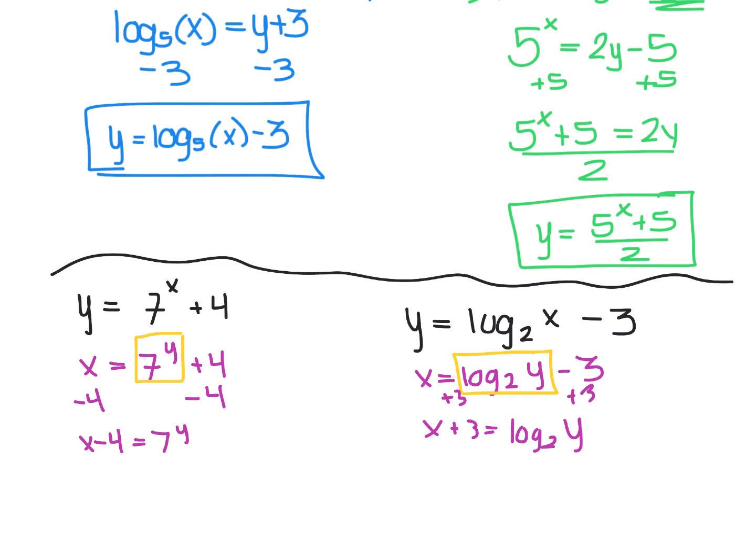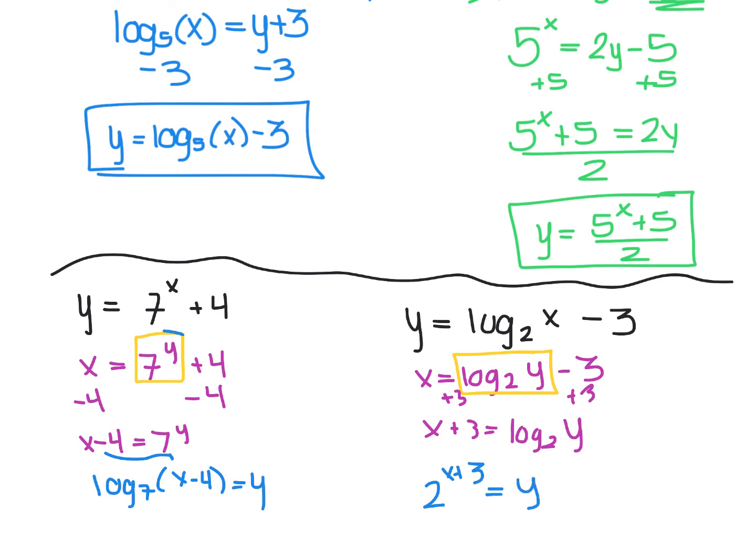And then from here you could rewrite these using your inverse property or using that logarithm exponential property. So here this would become log base 7 of x minus 4 equals y. And this one would become 2 to the power of x plus 3 is equal to y.